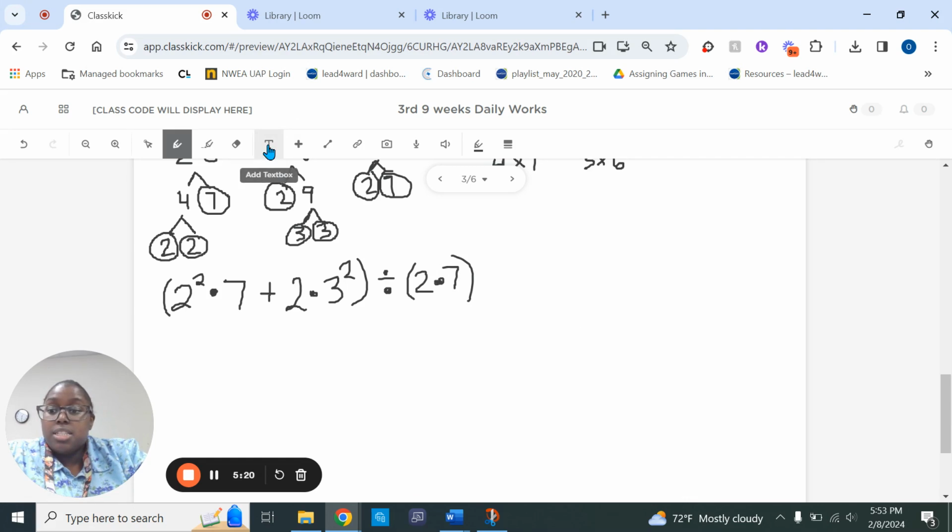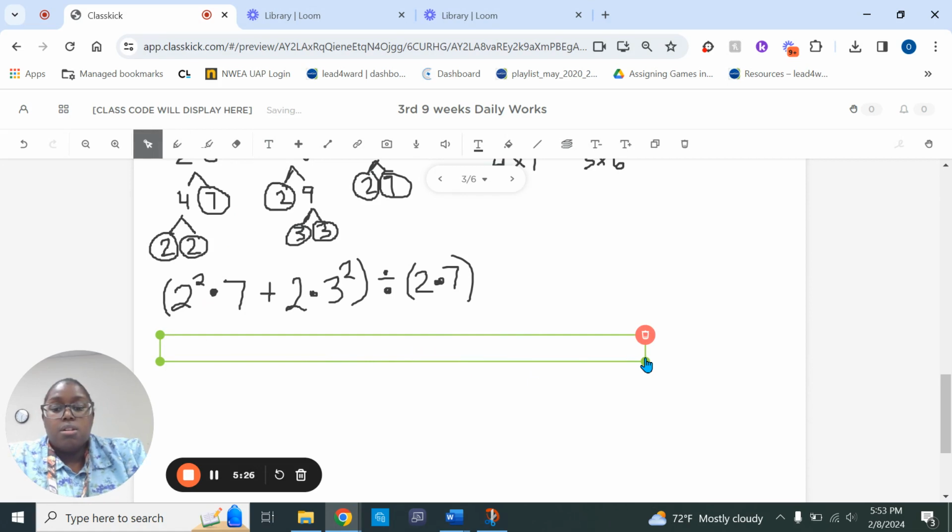Now, the thing about it is, this is not how you're going to type it into Schoology. For Schoology, this is what you're going to do. First, shift 9, then 2, shift 6, then 2, then shift 8 for multiplication, 7. I'm going to put a space between mine.